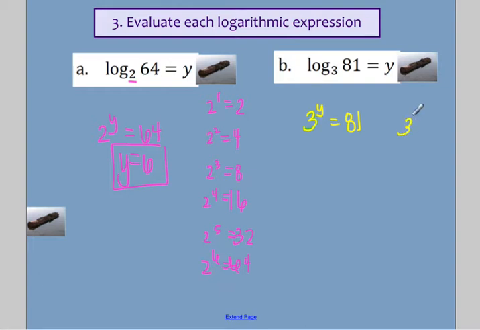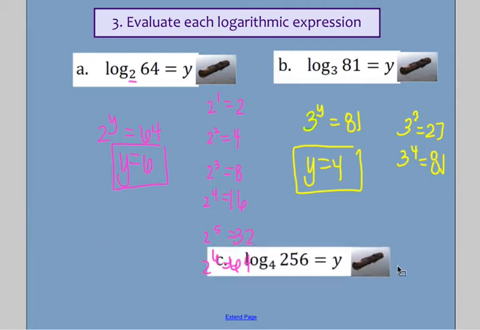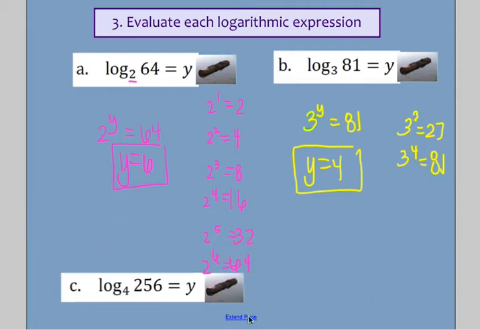We all know that 3 to the third is 27, so I would go ahead and check, well, what is 3 to the fourth? 3 to the fourth is 81. So y is equal to 4. It might be a little guess and check, but that is how you're going to get these problems done. We'll find out other methods to solve them later, but for today, that's how we're going to do it.